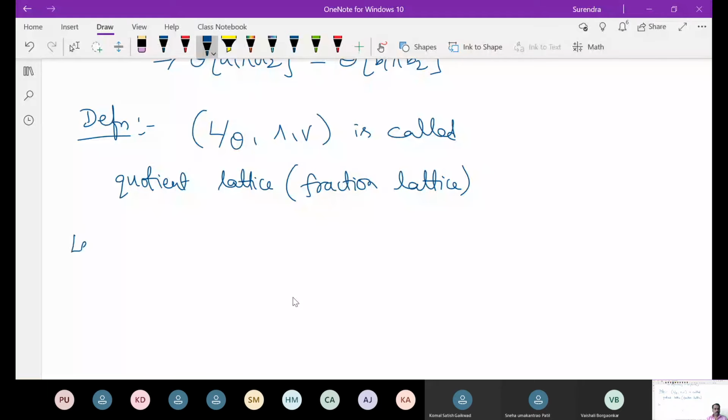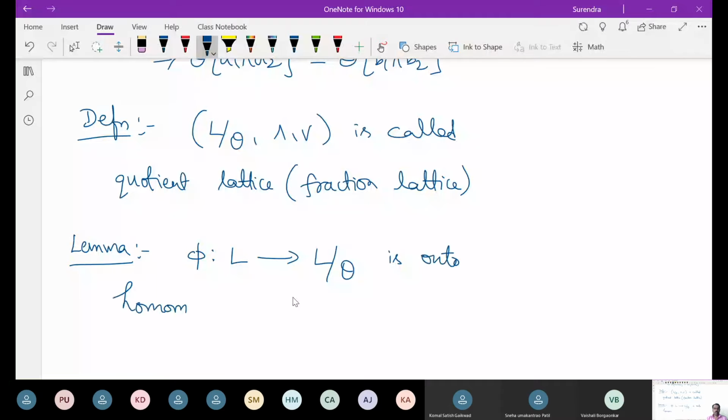A small lemma we can prove is that there is a natural homomorphism phi from L to L modulo theta, which is an onto homomorphism.